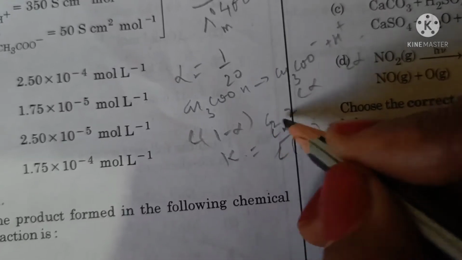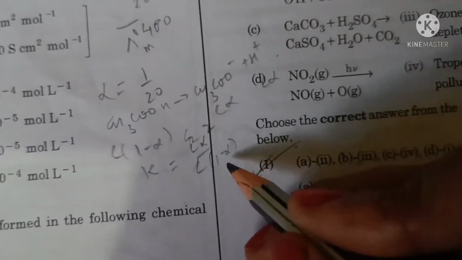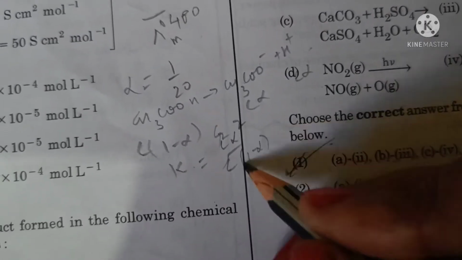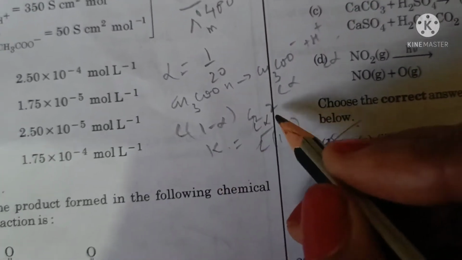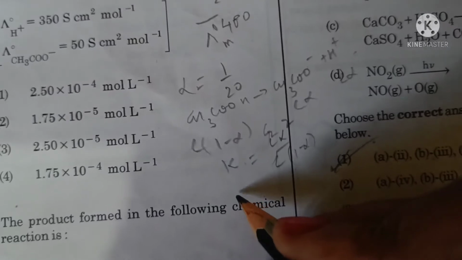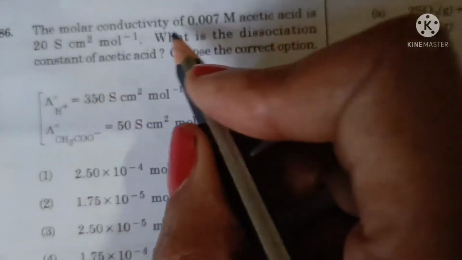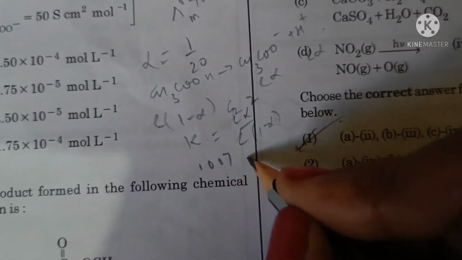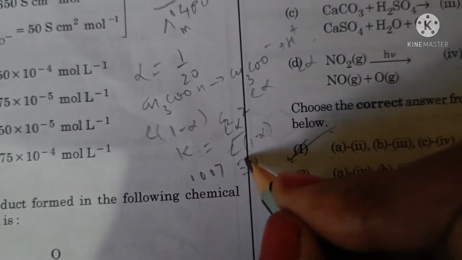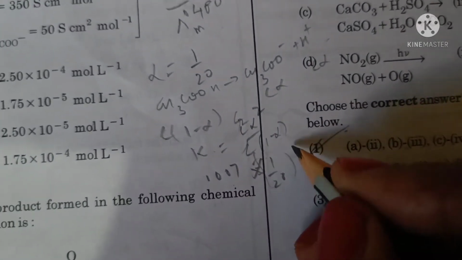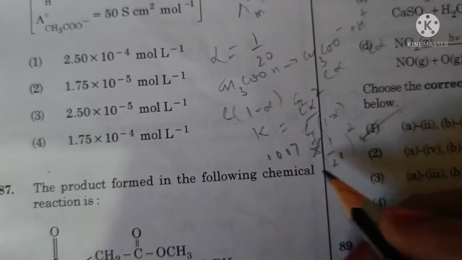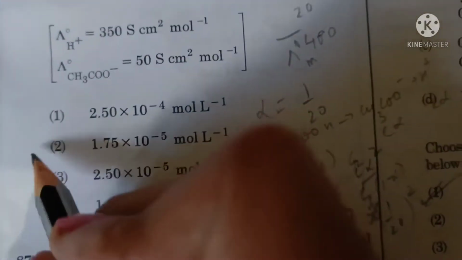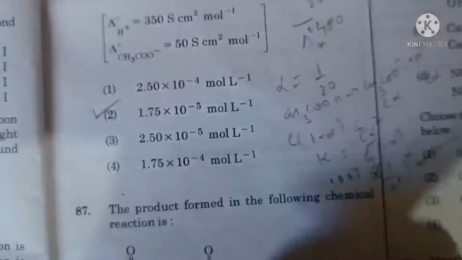So C cancels out and this becomes C alpha square, as alpha is very small in comparison to 1, so 1 minus alpha can be ignored. So K is equal to C alpha square, where concentration is given as 0.007 into alpha is 1 by 20, the whole square, which on solving comes out to be 5 into 10 raised to power minus 5 moles per liter. This is the correct answer.